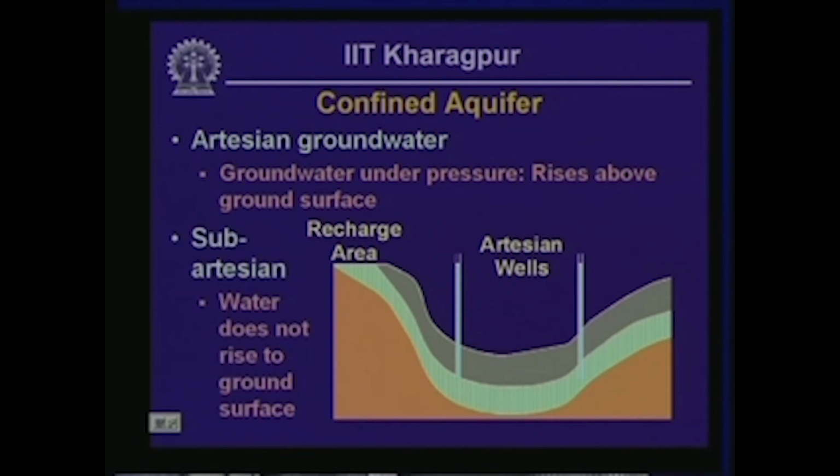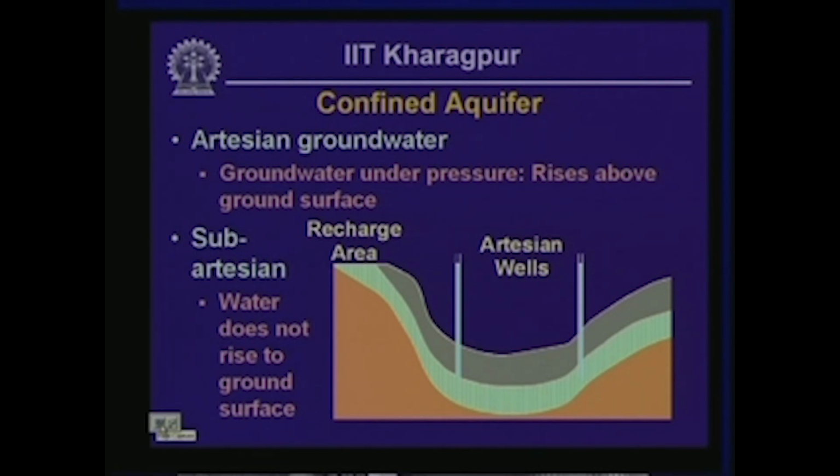You could also have sub-artesian groundwater, in which the water does not rise to the ground surface. It remains below the ground surface, although the groundwater is under pressure.